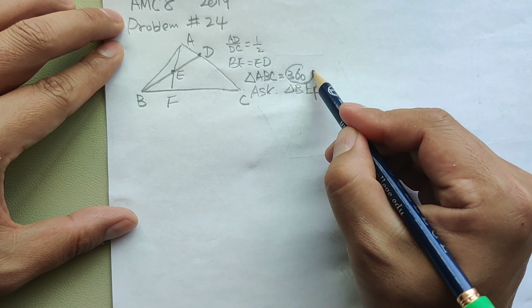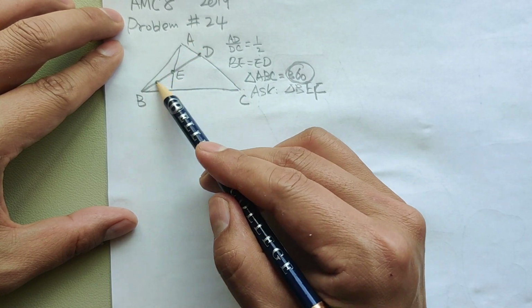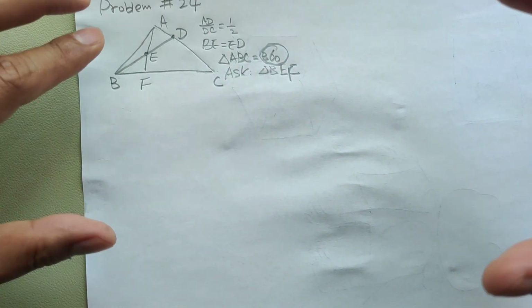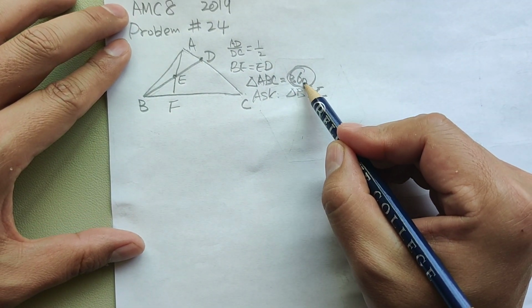Total is 360. So ABD and BCD altogether are 360.